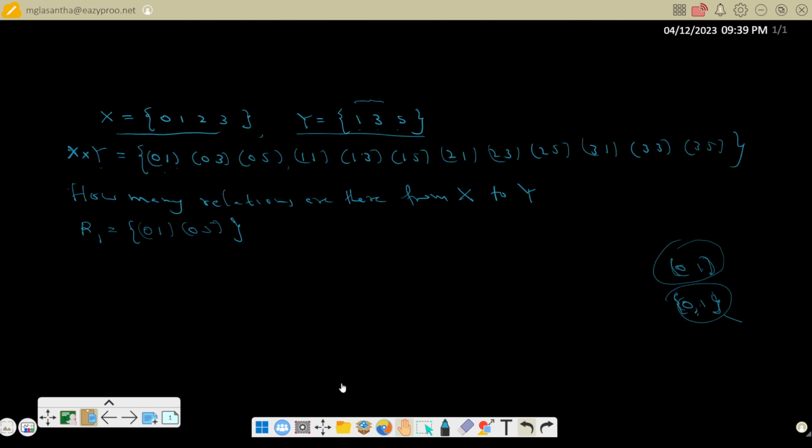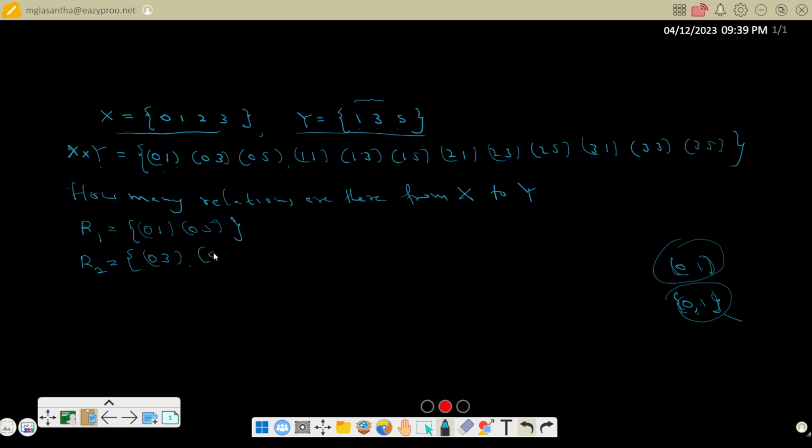Hello? Now, this is a Cartesian product, X cross Y. So R1, if you take two elements, is a relation. You can write another relation R2: (0, 3), (0, 5), (1, 1), (1, 3), (1, 5).